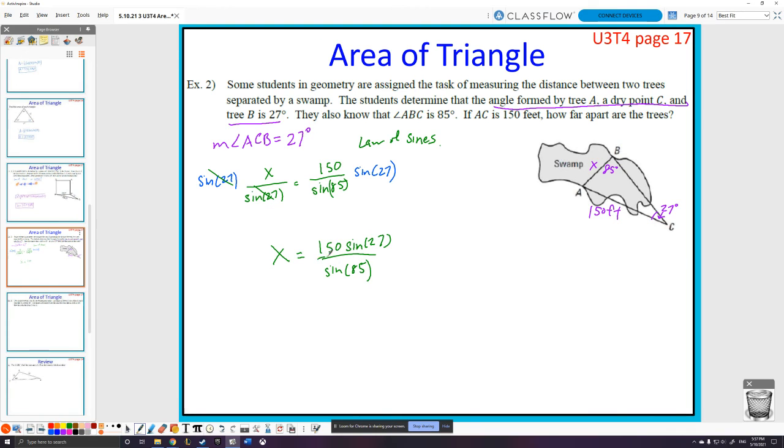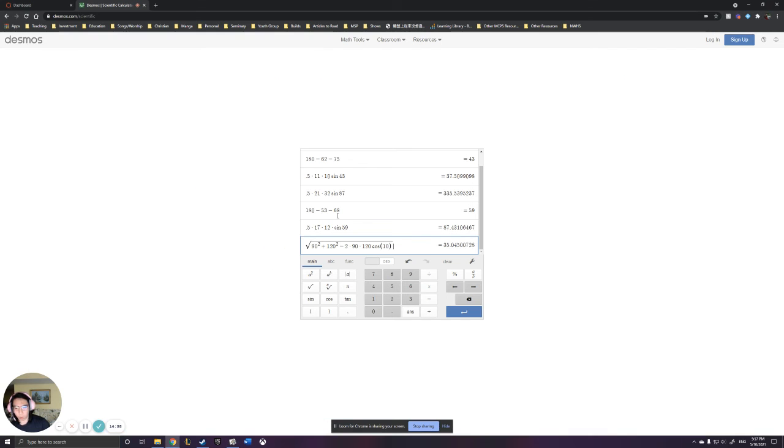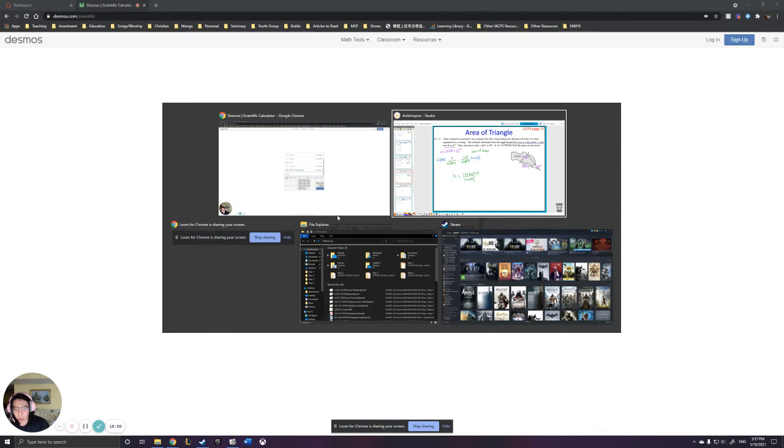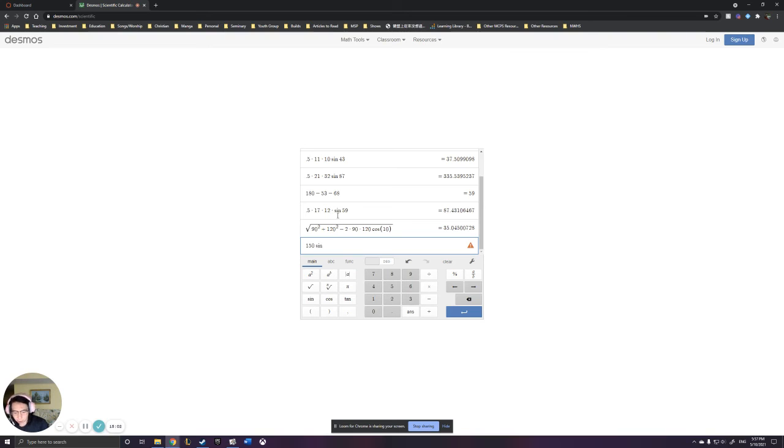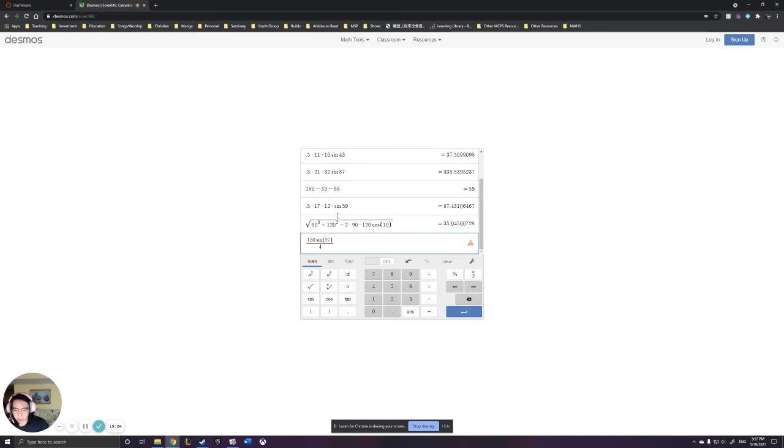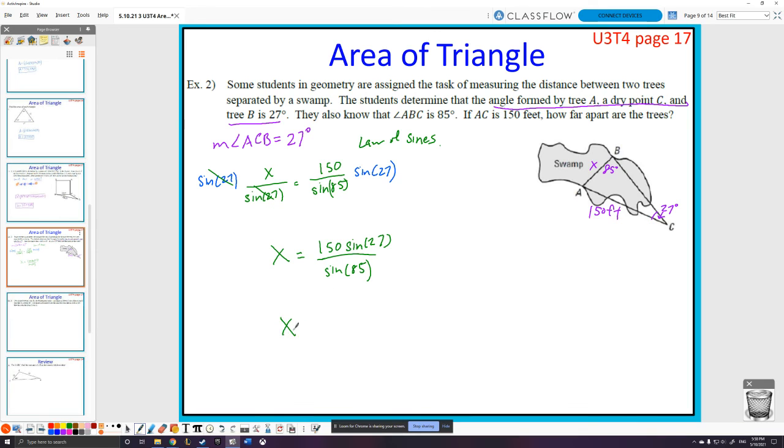So there's one less step that I have to do. I just got to multiply and that's it. So 150 sine of 27 divided by sine of 85. I get 68.36, and this is in feet.